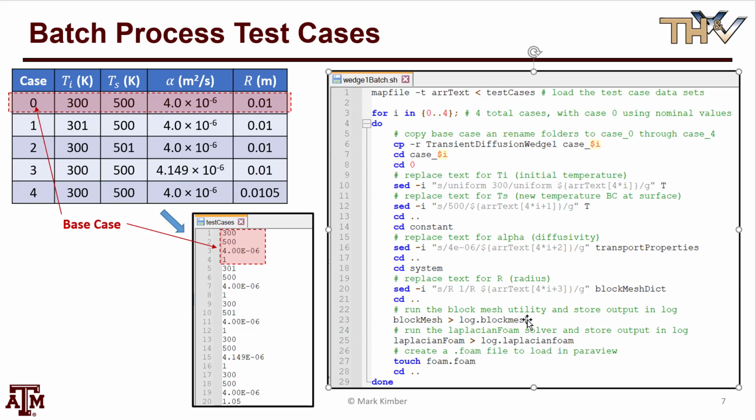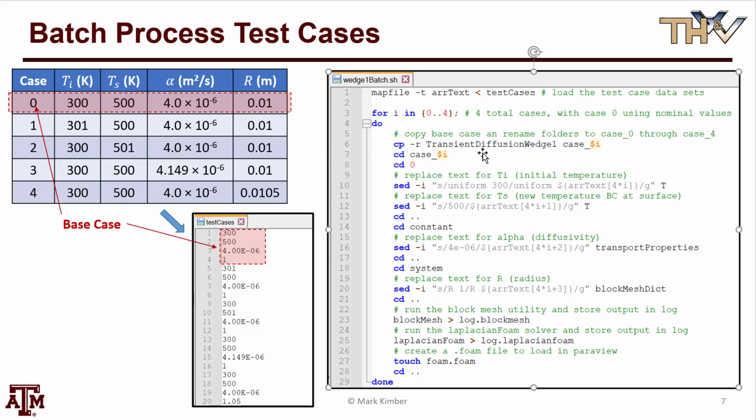I'll call that log.blockmesh, and then I want to run the Laplacian foam solver, and I'll store that output in a different log.Laplacian. And then I'll create my foam file there, and I'll change directories back up so that the next time I go to I equals 1, the next loop, I can do the same thing, and I don't need to worry about locations of files or anything like that.